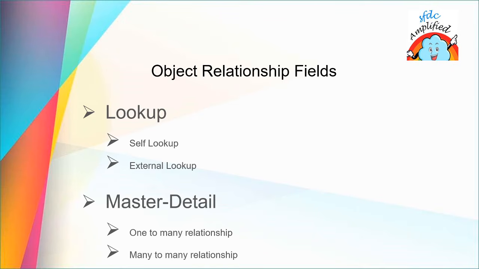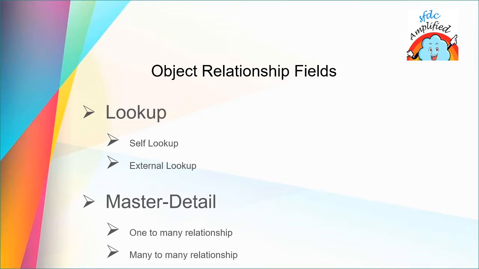Whereas the master detail relationship is created when two objects have a parent and child relationship. Whenever you have a child record, you won't be able to delete the child record without deleting the parent record.